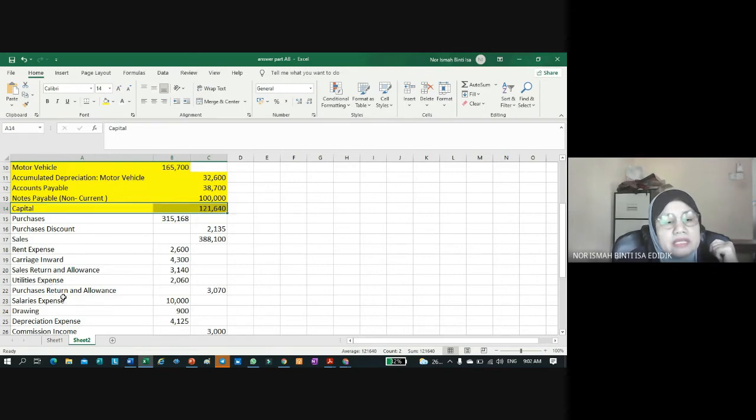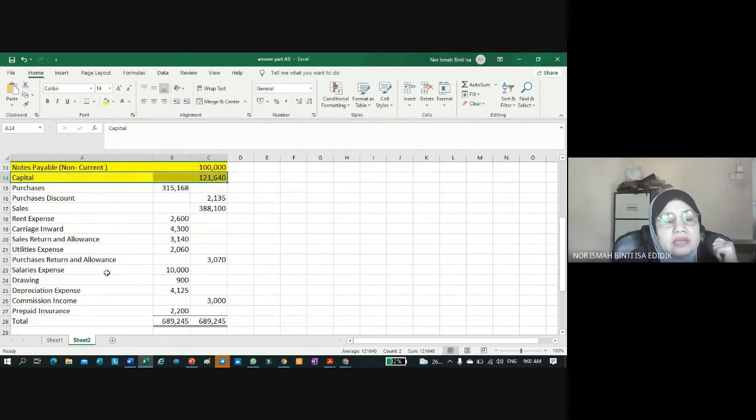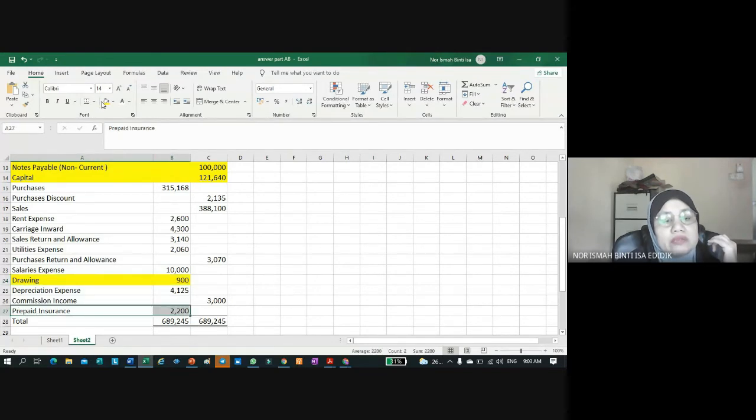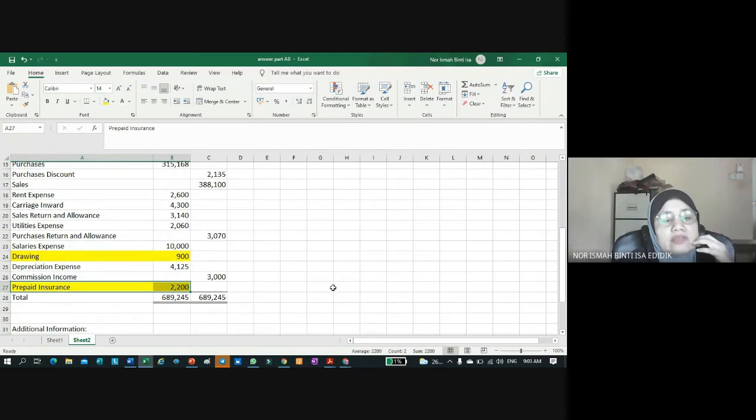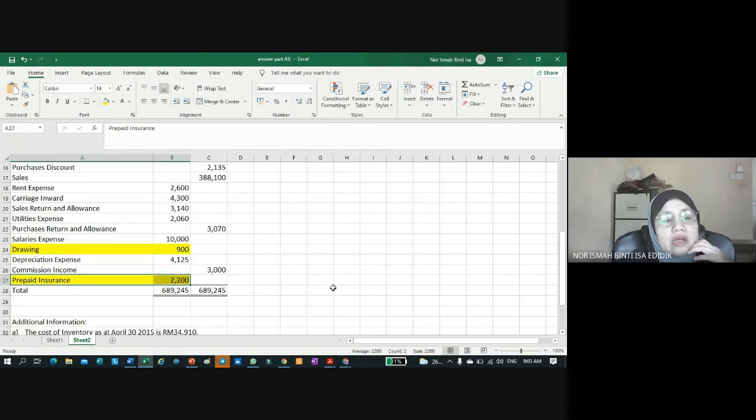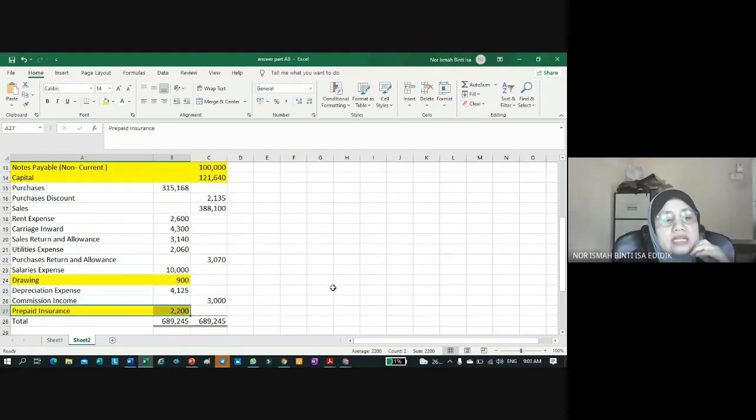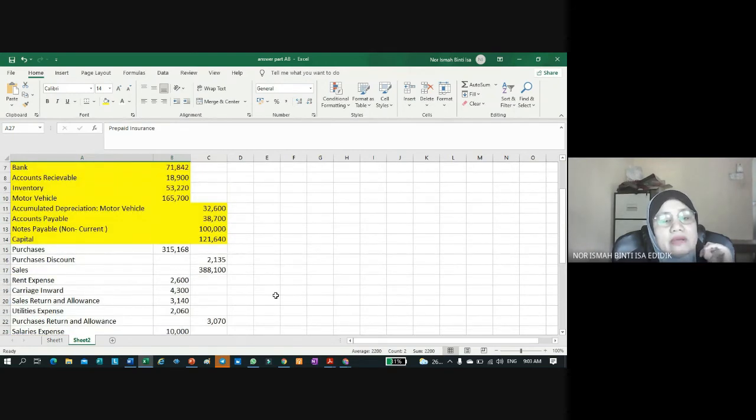Utility expenses and purchase return allowance all go into the statement of profit and loss. Drawing should go to the financial position. Prepaid insurance goes to the financial position. So the colored items all go into the financial position, and the uncolored ones go into profit and loss.